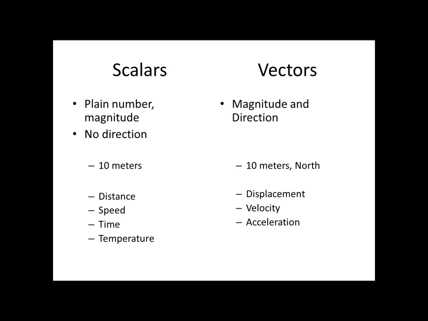Some common examples of scalars, that is numbers that do not need a direction, are distance, speed, time, temperature, and many others. Common examples of vectors that we'll work with are displacement, velocity, and acceleration. Now you may have thought that a couple of these were the same thing, like speed and velocity.